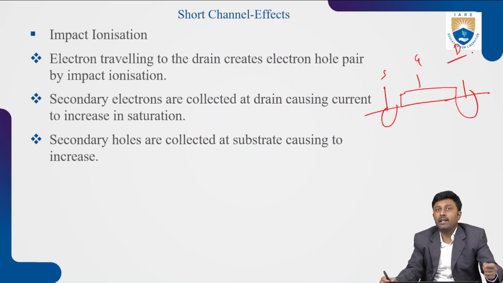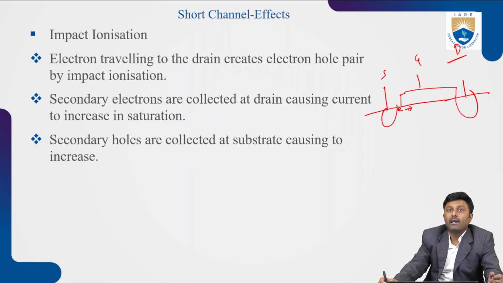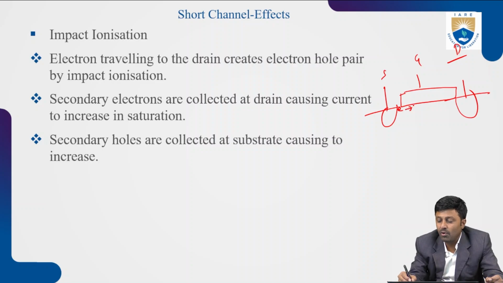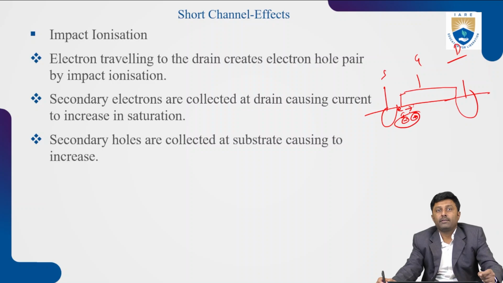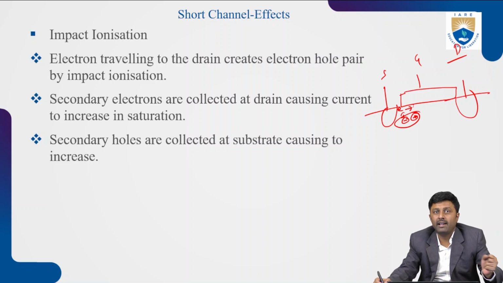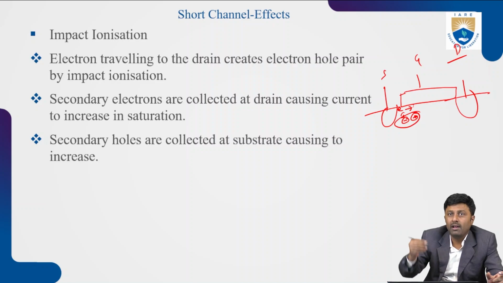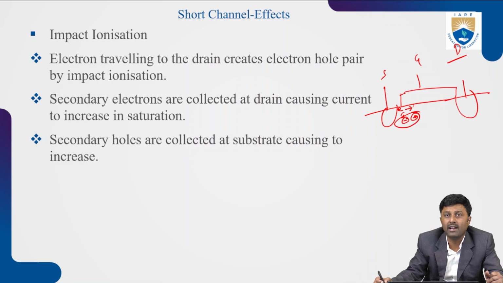The electron traveling from source to drain creates an electron and hole pair. In impact ionization, the secondary electrons are collected at the drain, causing the current to increase in the saturation region, and secondary holes are collected at the substrate.